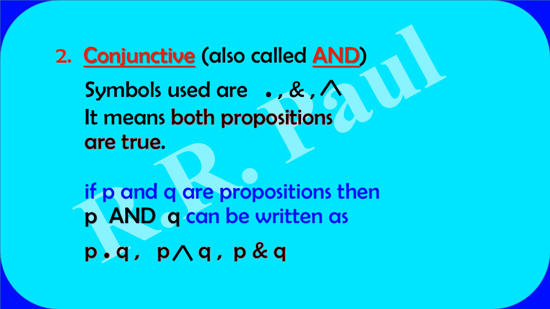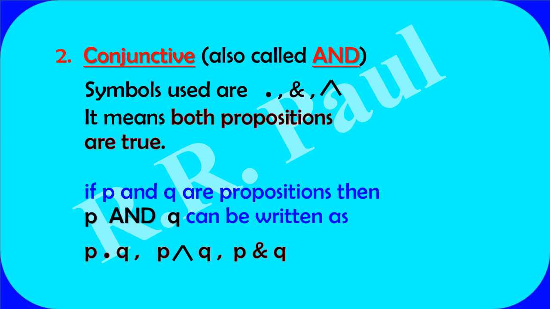Next is conjunctive operator, which is also called AND operator. And the symbols are there on the screen: dot, ampersand, or a cap type symbol. Again, this cap type symbol is slightly spread out from the lower portion.